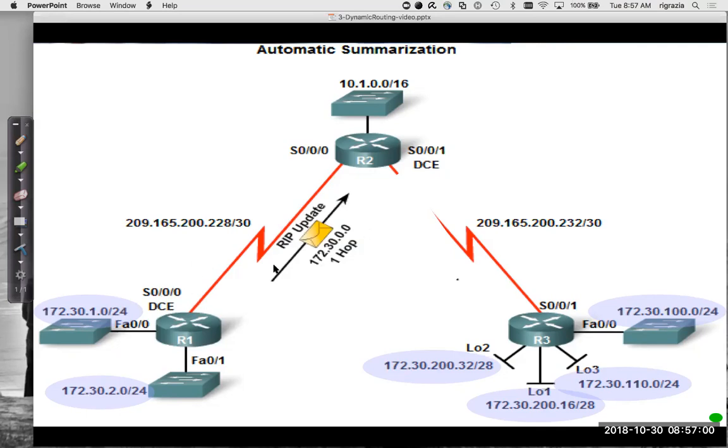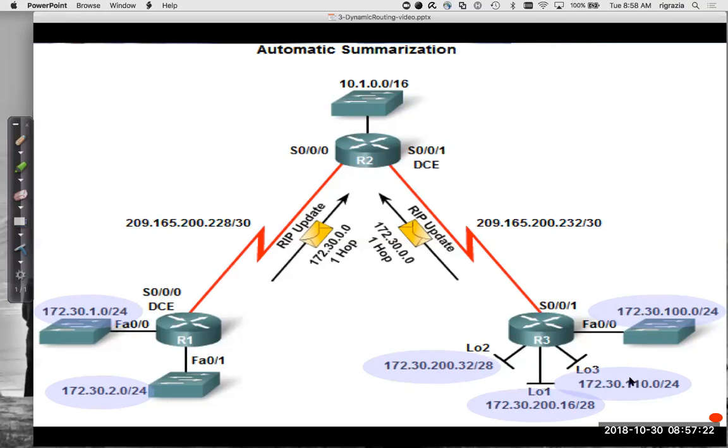So it actually summarized both of these /24s as a /16, and RIP version 2 would include the /16 subnet mask. Well, if we look over here, R3 is doing the same thing.